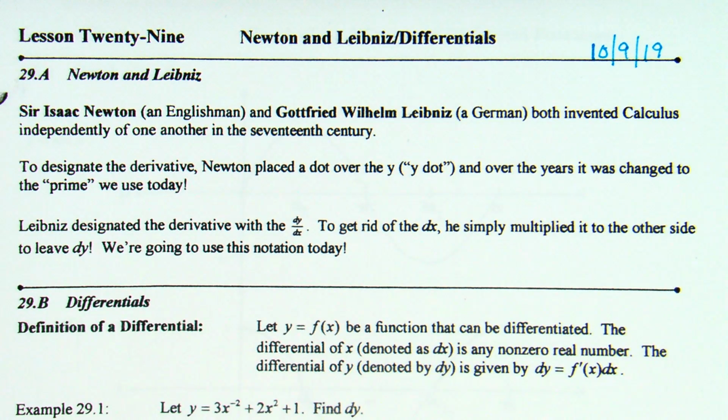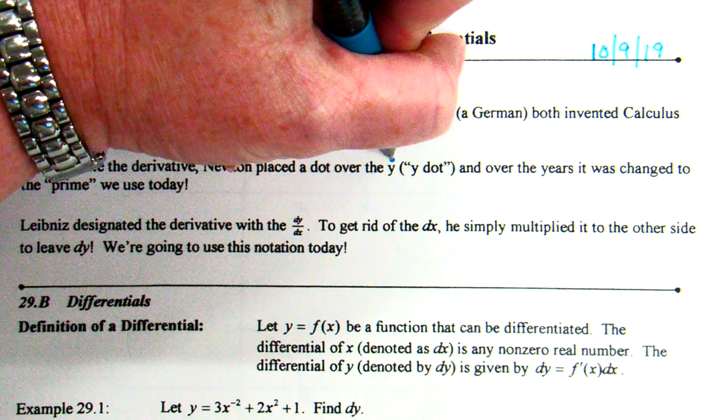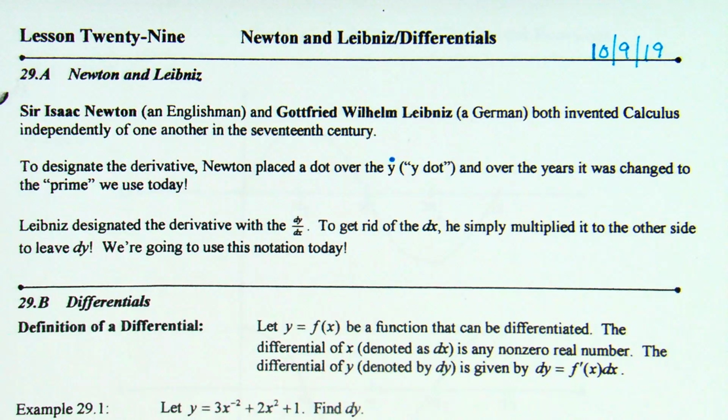Newton, at the time, used a dot over the y, and he called it y dot. That's what he used for the derivative. Over the years, it has changed to what we use, which is the prime.